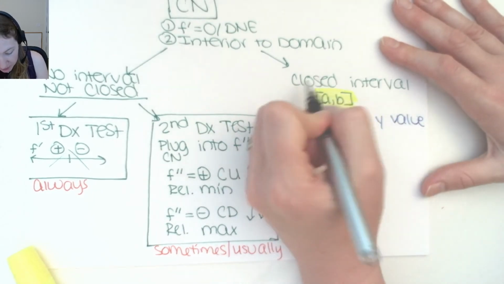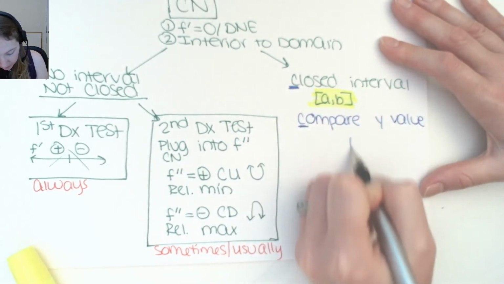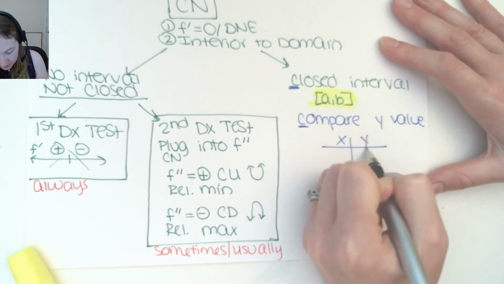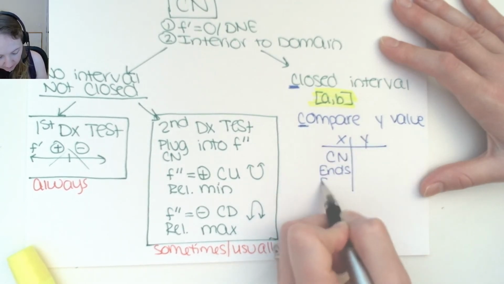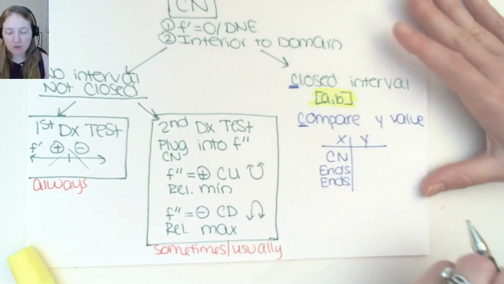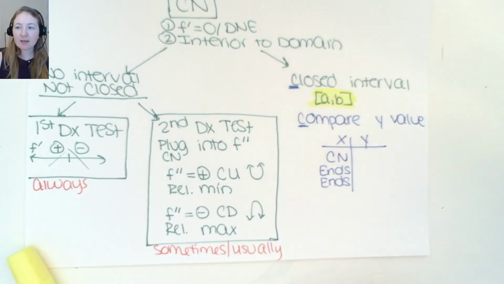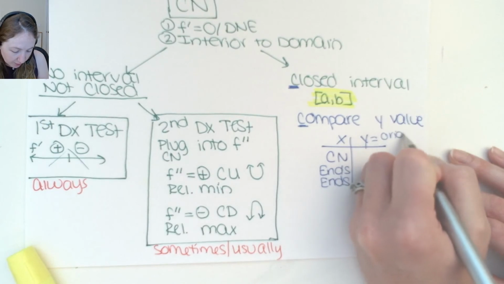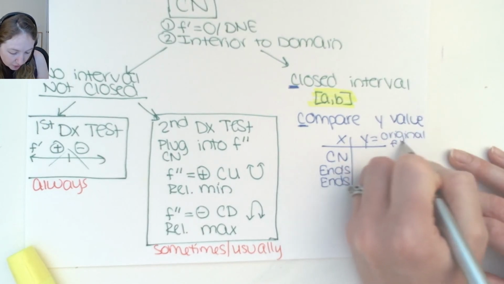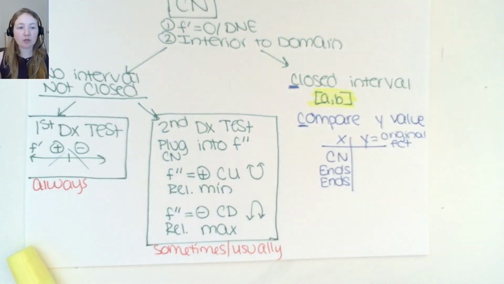You are going to compare those y values at the critical numbers and at the endpoints of the graph. So here AB would be those endpoints. Now, it's really important when comparing y values that you are plugging into the original function. So we're going to find the highest value and the lowest value of that original function.